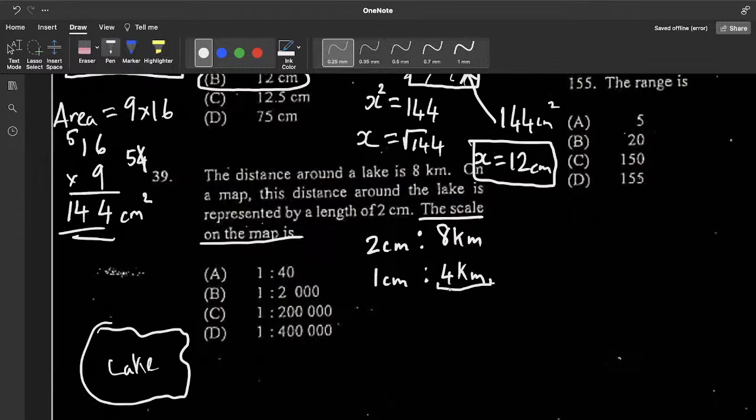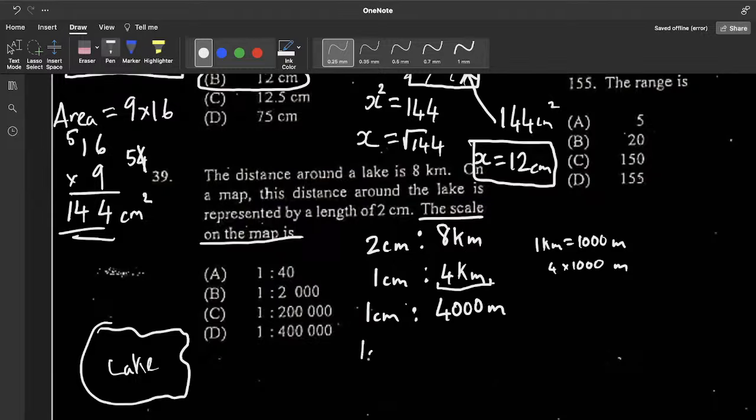Say if you don't know how to convert kilometers to meters fully, but you know that a kilometer is 1,000 meters, you could work out the meters first and then after that work out centimeters. So 1 centimeter therefore would be the same as 4 times 1,000, which is basically 4,000 meters.